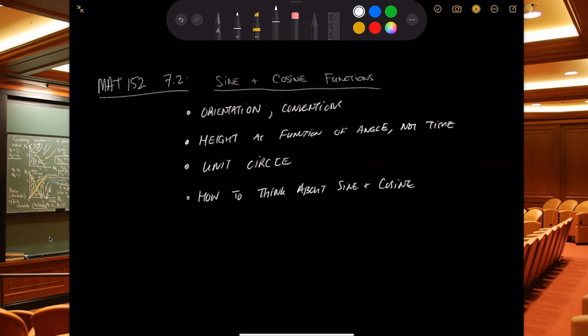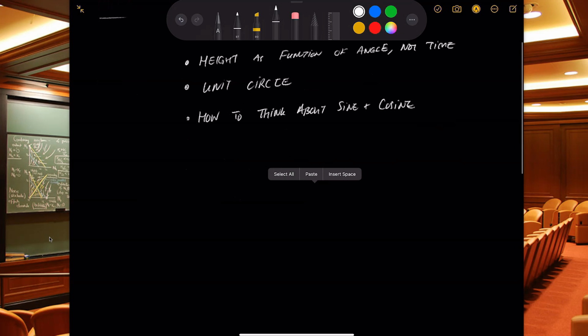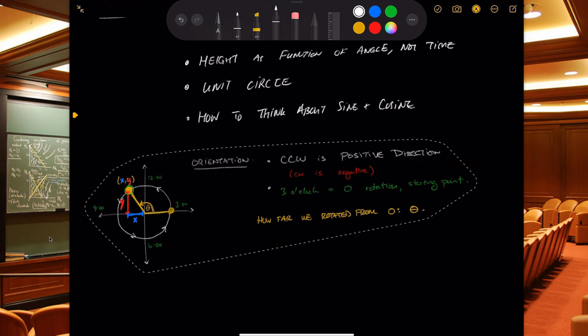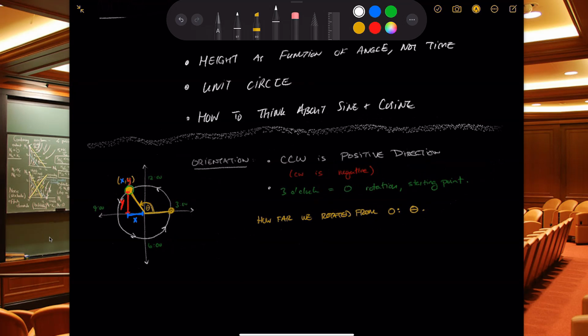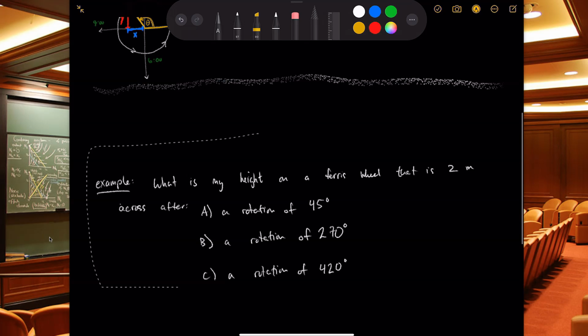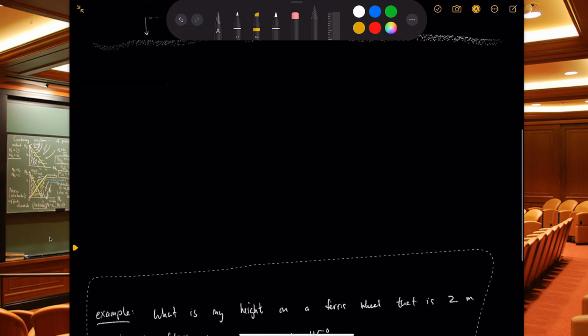So I want to start with a diagram here with some important information. And I actually want to draw this with you real quick because I think it's important that we put pen to paper. Let me just scoot this down here.